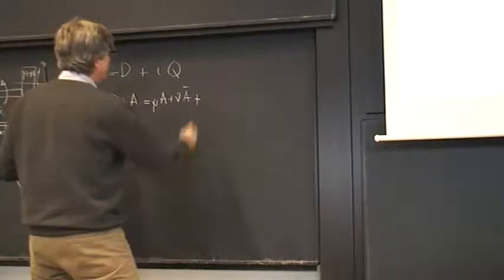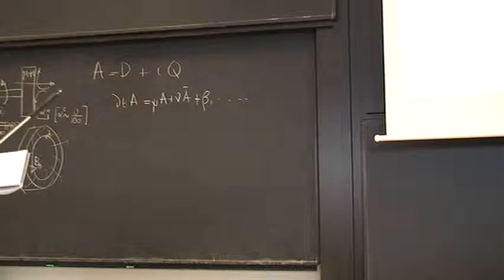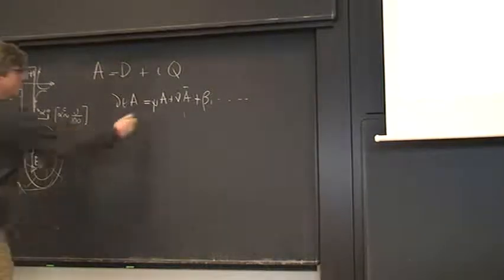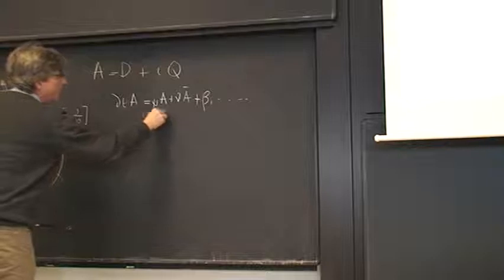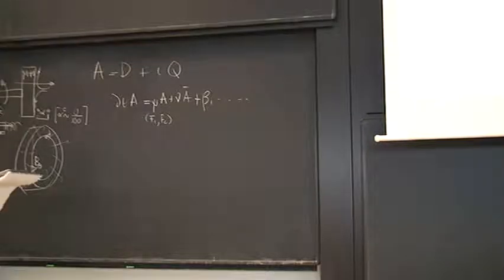Plus beta 1, and so on. I wrote it there, so I don't need to copy it. Okay? Now, what you know is all the coefficients here have to be related to F1 and F2. When you start from F1 equal to F2, you have the symmetry with respect to that plane here.